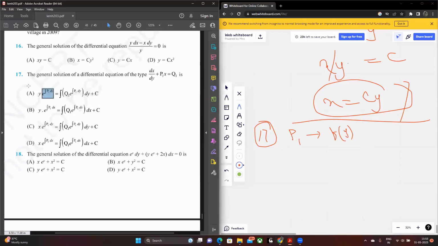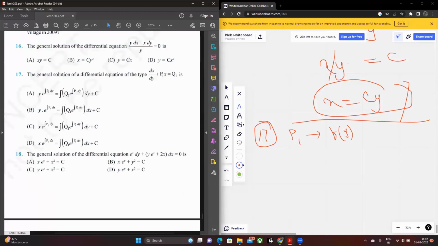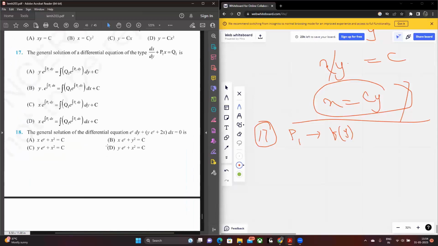And you basically know that this form is x into e power some y term. So the answer is C. You have to just eliminate your answers accordingly. This is just theory, but they've asked because you need to remember it.